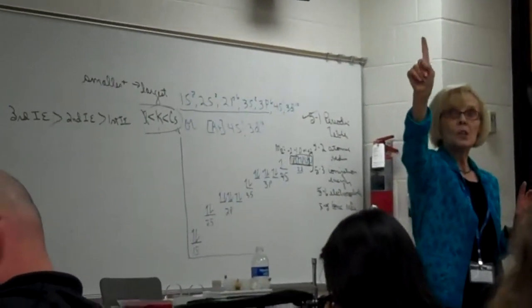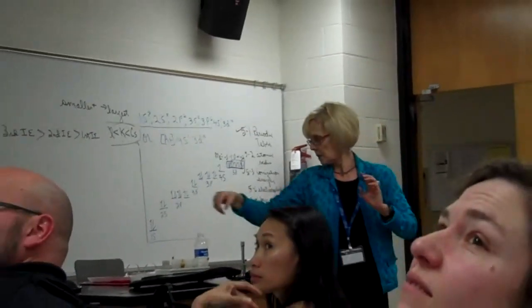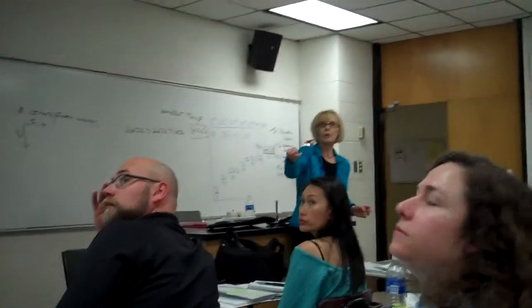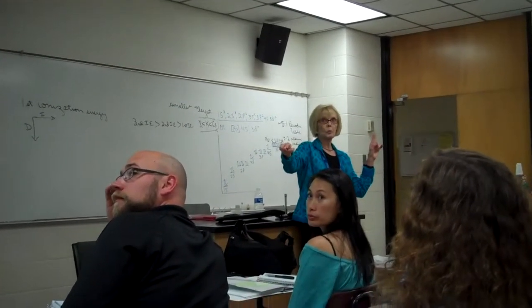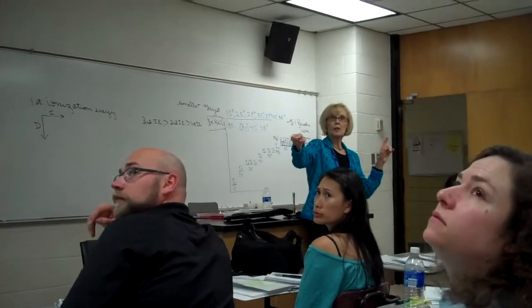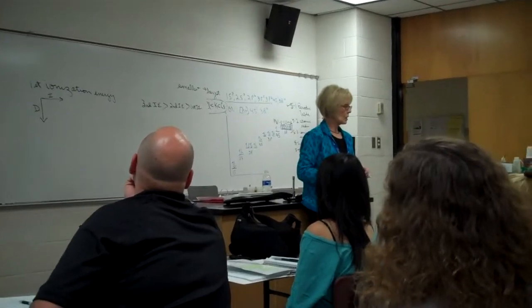Okay, if I want to steal from rubidium, you spot rubidium up there? RB. Is that RB? Yeah, RB. If I want to steal 1 electron from rubidium, it's going to be a lot easier than from lithium, because it's a greater distance. Okay?